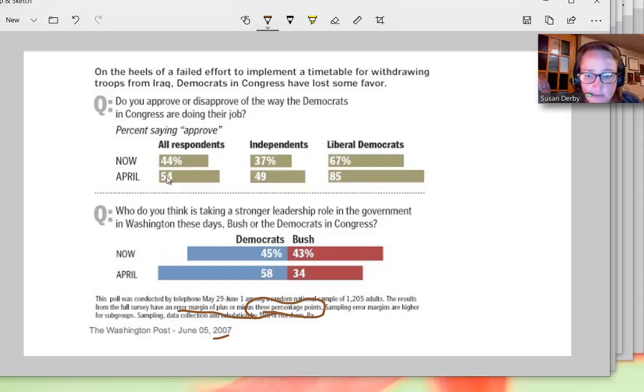That's a pretty big deal when something is as close as 44 and 54%. If it's 3% low, this could go all the way up to 47%, or if it's 3% high, this could be as low as 51%. Now those two numbers are not so far apart from each other.